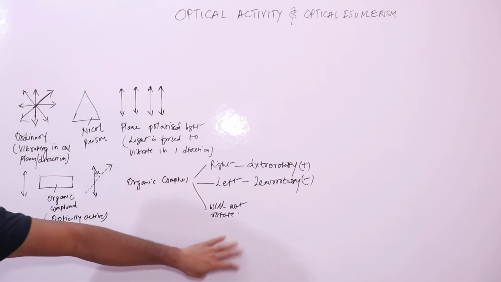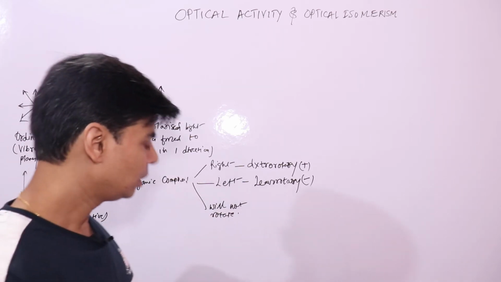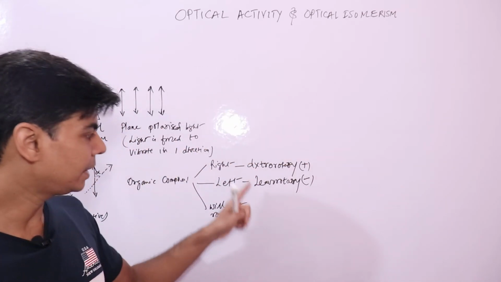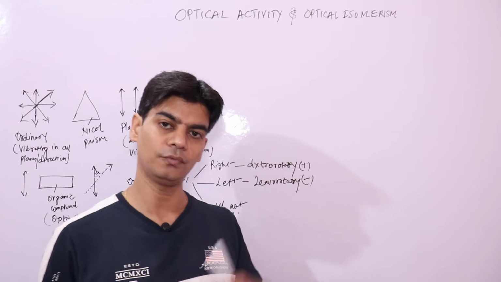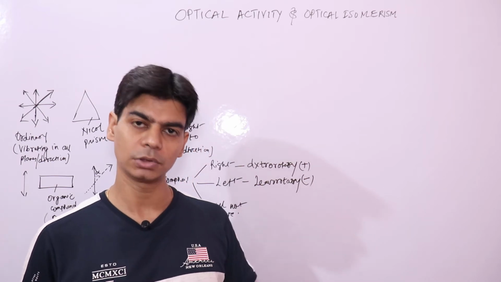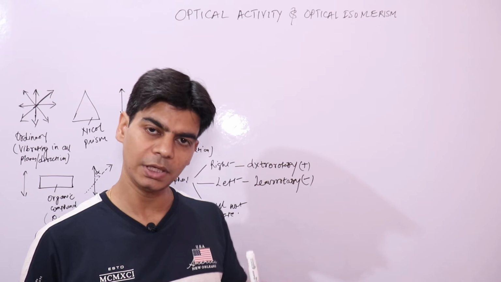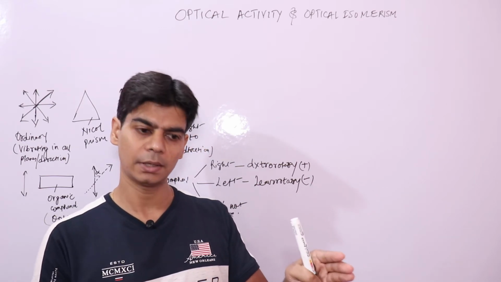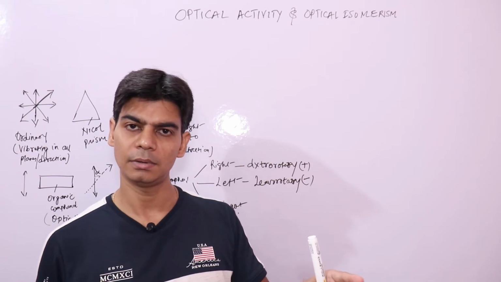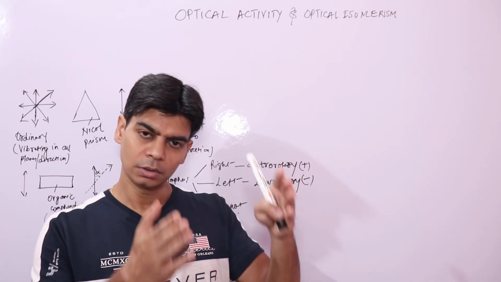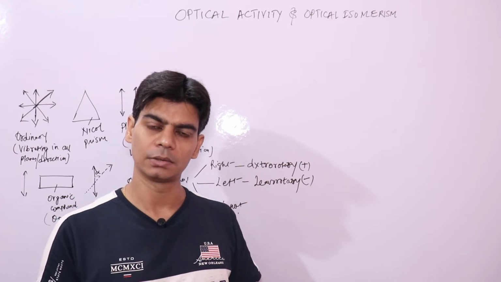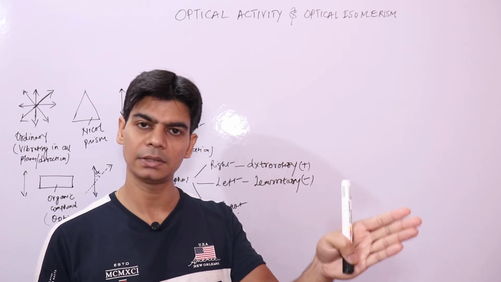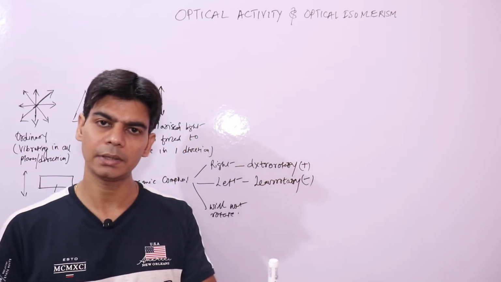And the others that do not rotate the plane of polarized light, what kind of compounds these would be? It's a mixture of D and L form, right? It has a D form also and L form also. So when D form will rotate it in right direction, then L form will rotate it in equal and opposite left direction, right? So the overall effect on the plane of polarized light is that it will not rotate, because one is rotating it in the right direction, the other is rotating it in left direction.